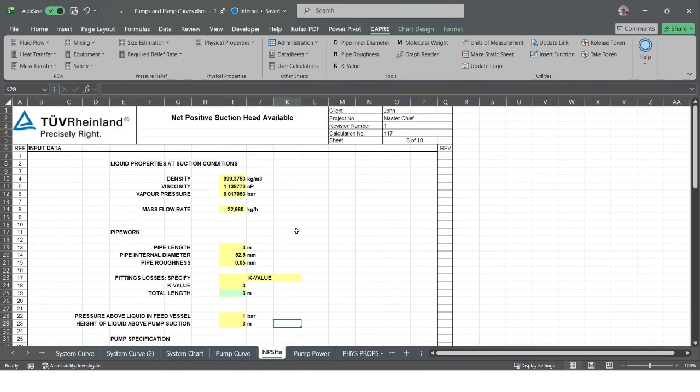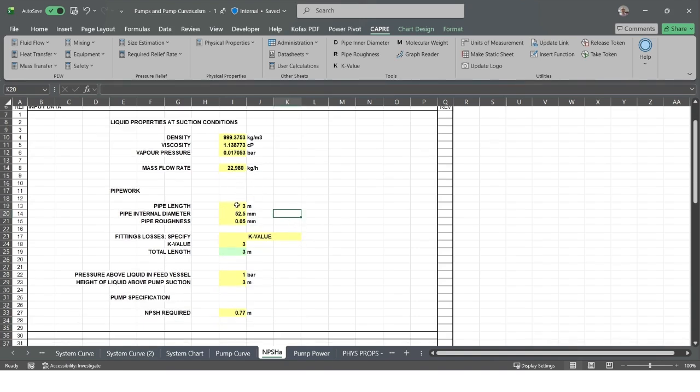So NPSH, where we're looking here, if we go to Capri, equipment, pump NPSH, that's the sheet there. Again, a fairly simple sheet to fill in. So we've got our physical properties, density, viscosity, vapor pressure. The mass flow rate I've picked up from our duty point. We've got some pipework length, diameter, the roughness, that's the same as we've had before, and the K value is the same as before.